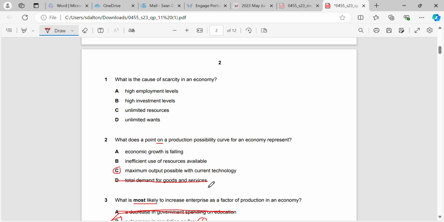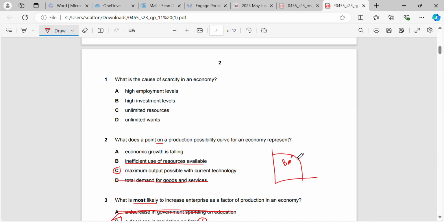That includes people, capital, etc. We can represent an inefficient use of resources on a PPC, but we represent that by being inside the PPC, not on the PPC. So B, if I label it here, that would be B. Correct answer is C.